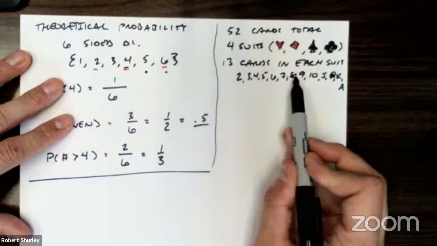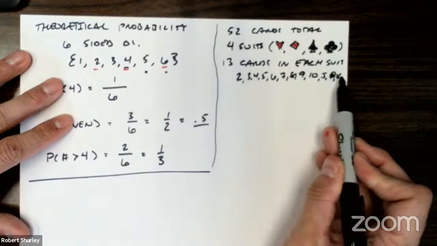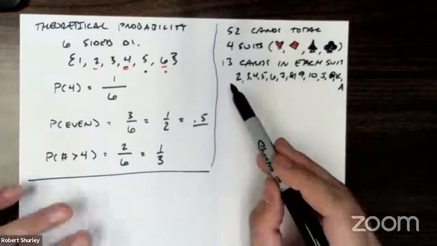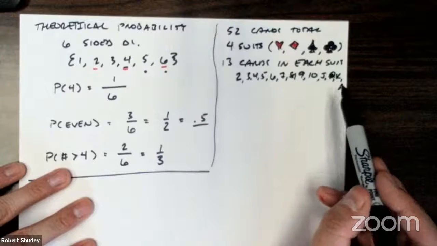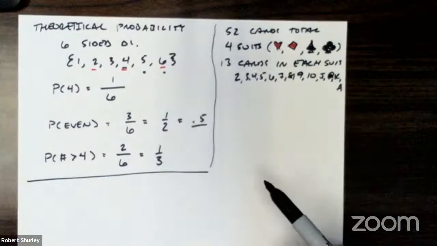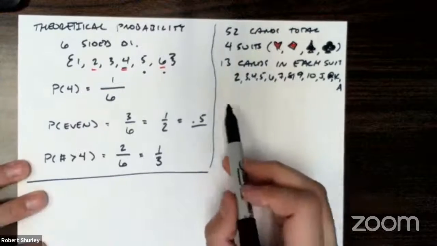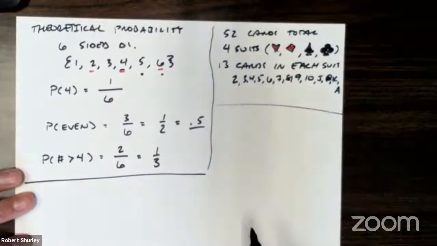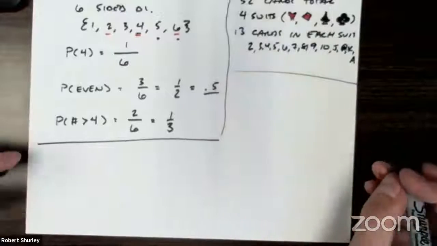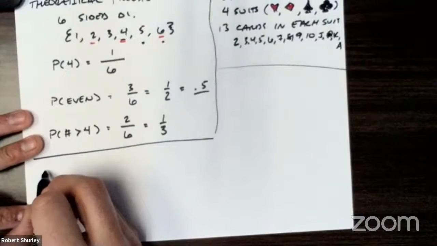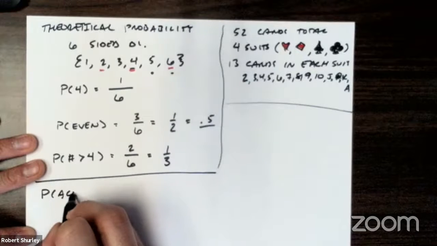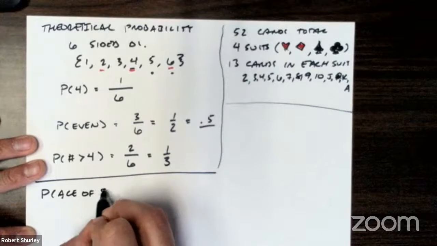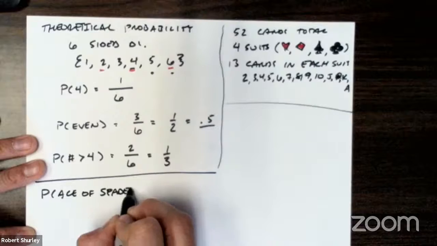That's 13, right? Okay, great. So now what if we wanted to find probabilities of this? Like, let's say I wanted to find the probability of drawing the ace of spades, right?